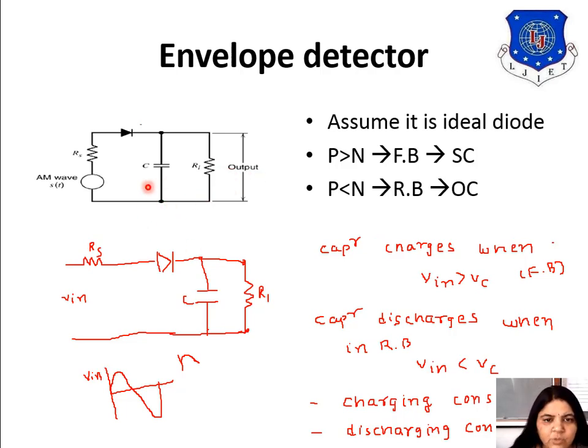To understand the envelope detector, first we should be clear about the elements connected in the diagram. First is the diode.